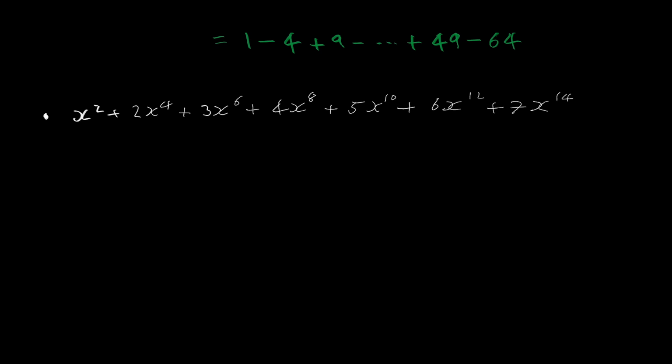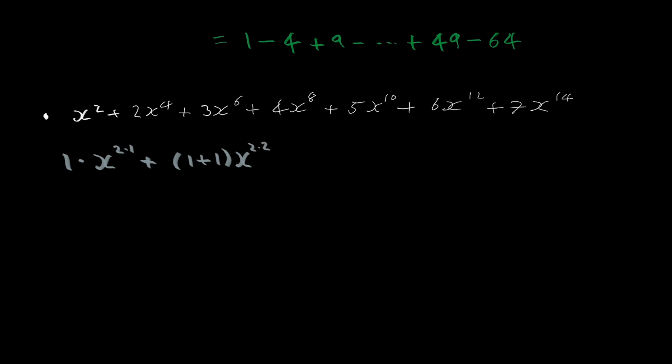So let's imagine this: 1 times x raised to the power of, let's say, 2 times 1, plus 1 plus 1 in brackets times x raised to the power of, well, this time the power is 4, but we could write that as 2 times 2.